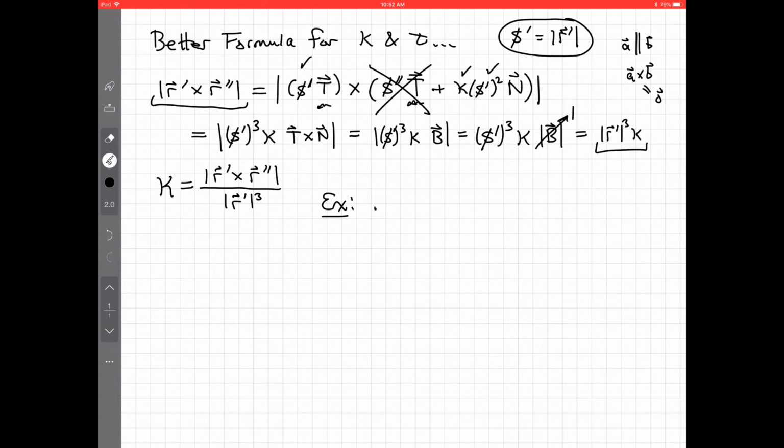Using this, let's take something called the twisted cubic, t, t squared, and t cubed. All right. If we were to compute curvature using our previous definition, we'd have to find the unit tangent and differentiate that, and that's really kind of a pain. It gets ugly. I encourage you to go check that out.